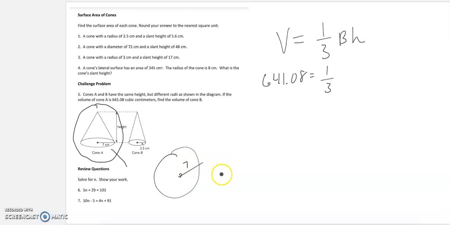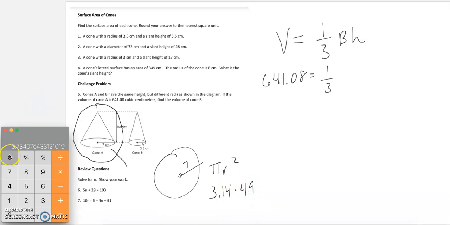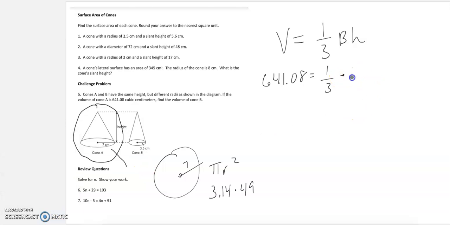Remember, to find the area of a circle, we do pi r squared. So I have to do 3.14 times 49. That's 153.86. So the area of the base is 153.86 times the height, which we don't know yet.